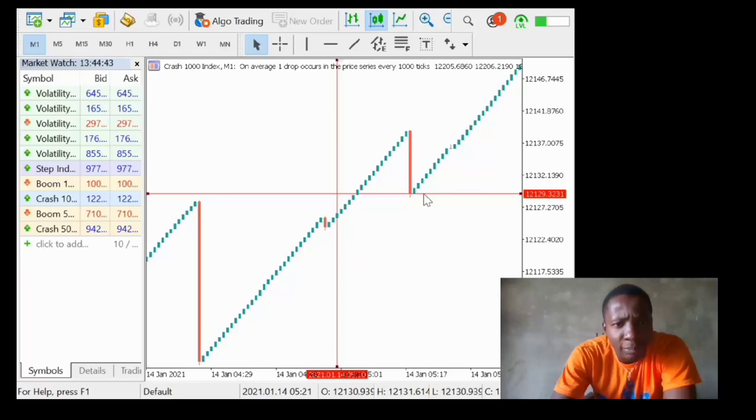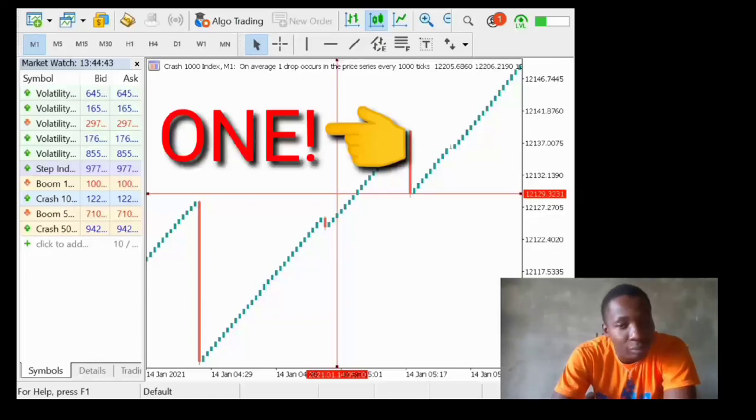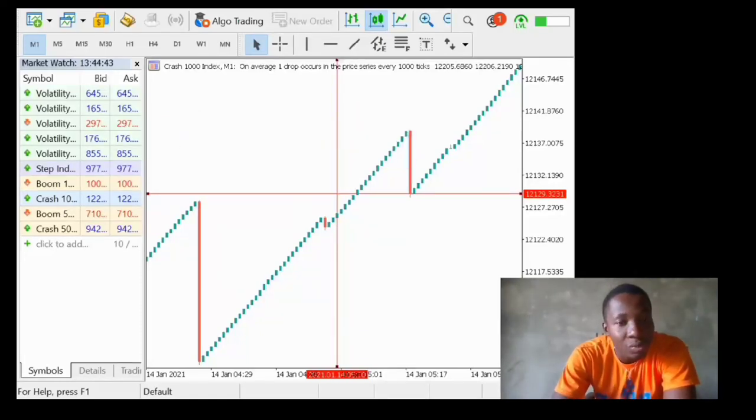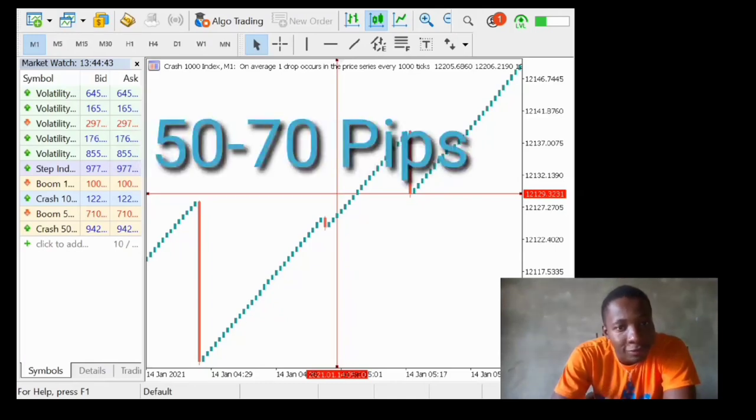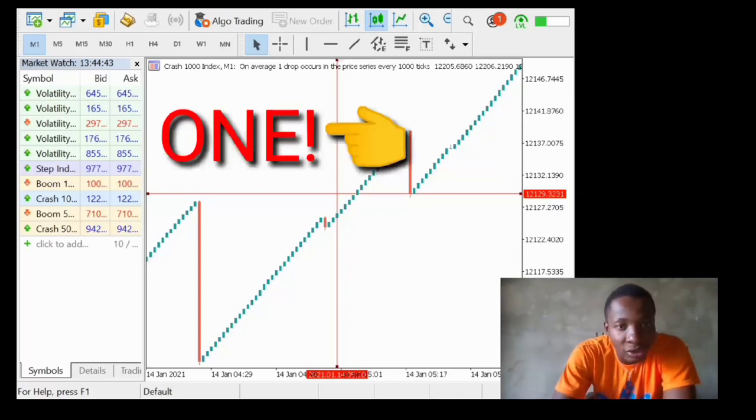Now, for our exit point for this strategy, I'm advising that you take only one bullish candlestick and leave the market. That candlestick comprises 50 to 77 pips. So just take one.